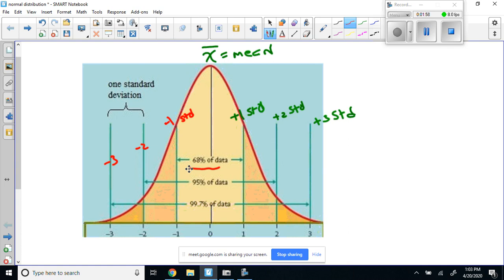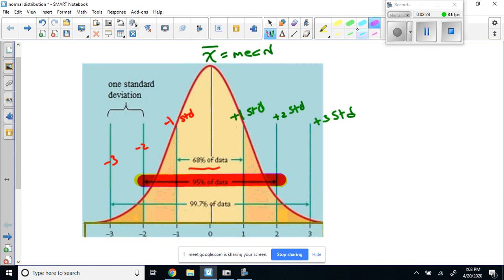If you go to 2 standard deviations away from the mean, what you're looking at is 95% of your data within 2 standard deviations. That means 2 to the right and 2 to the left. That much is 95% of your data.